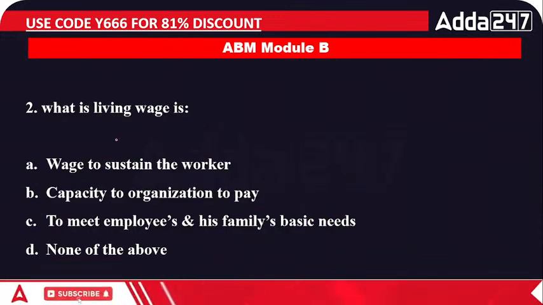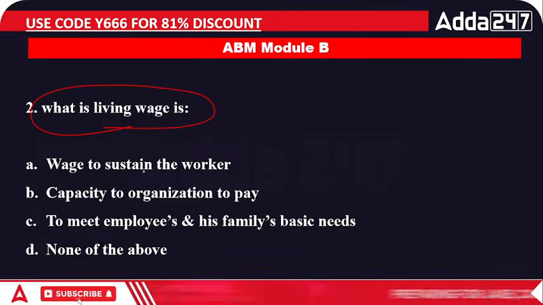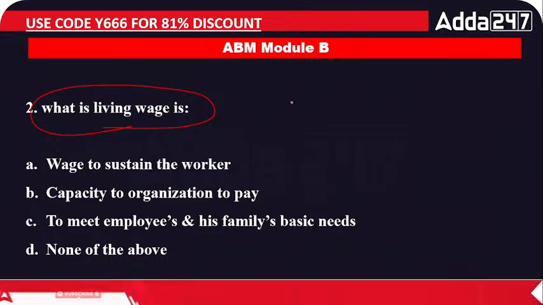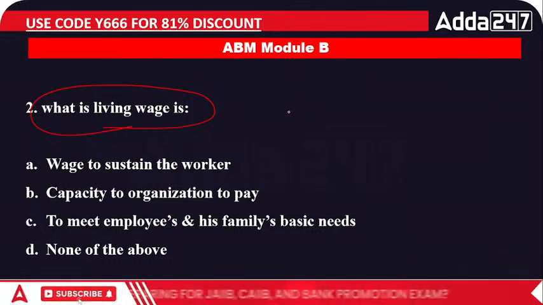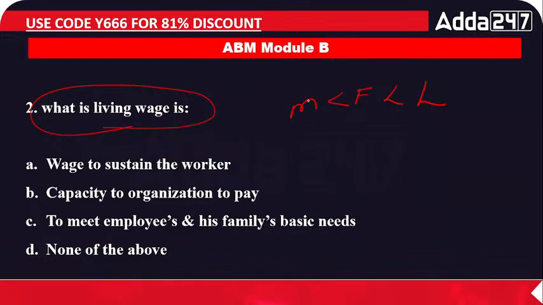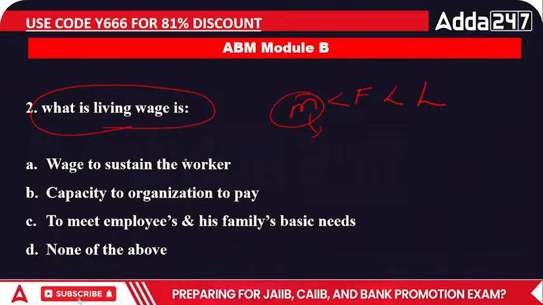The next is, what is living wages? Wage to sustain the worker. See, we are having 3 wages. This we have already done in the chapter of compensation. We are having minimum wages, then fair wages and then living wages. ठीक है, minimum wage is the very minimum wage which is just needed to sustain the worker.